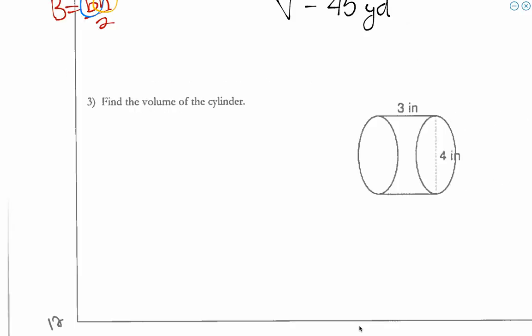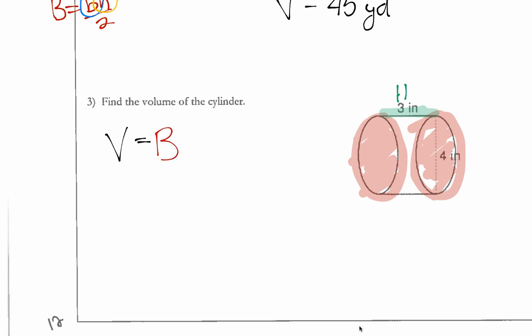Find the volume. What's the shape of the base? It's a circle. And the height is 3. So volume equals base times height. Since it's a circle, B equals pi r squared.